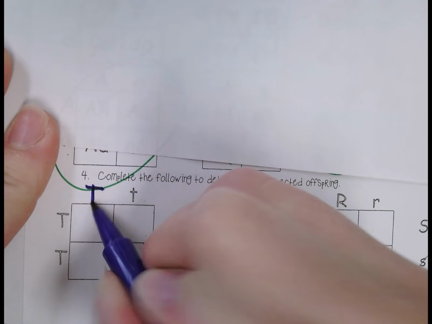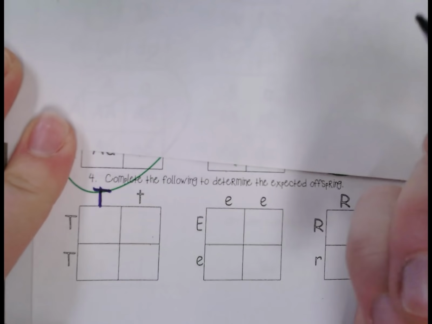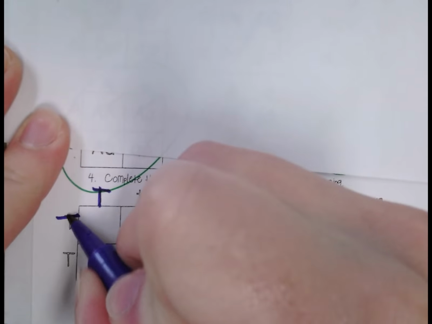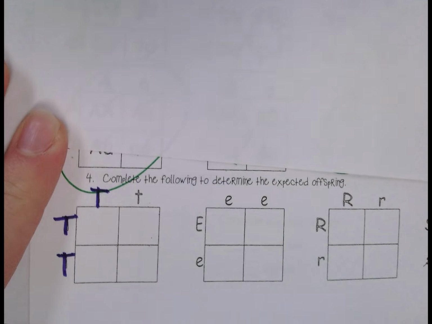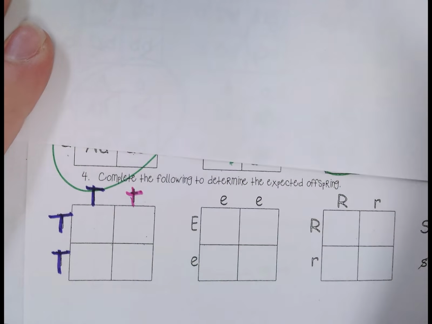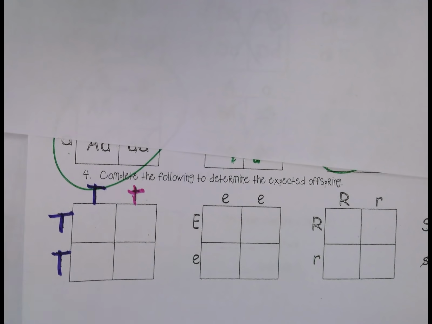So now to do these, to make it visually a little bit easier to see, I'm going to color all my dominant traits purple and my recessive traits an off-white pink.